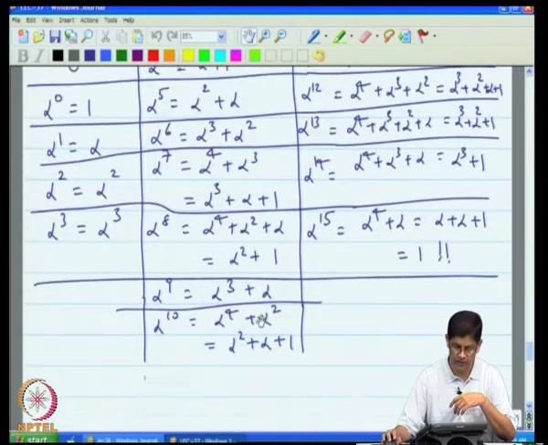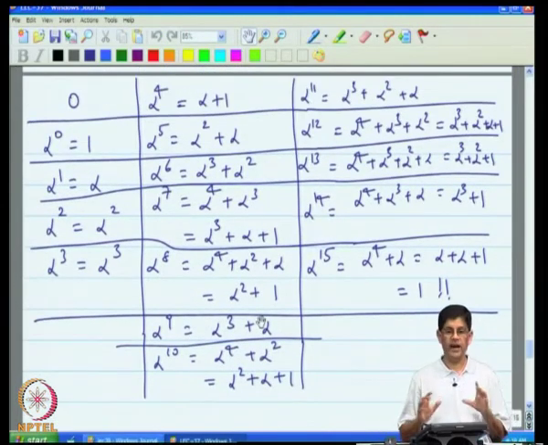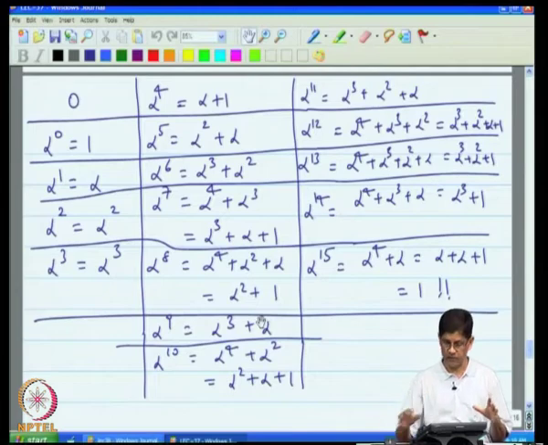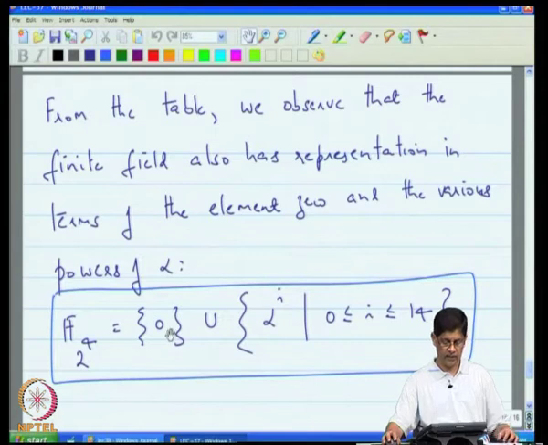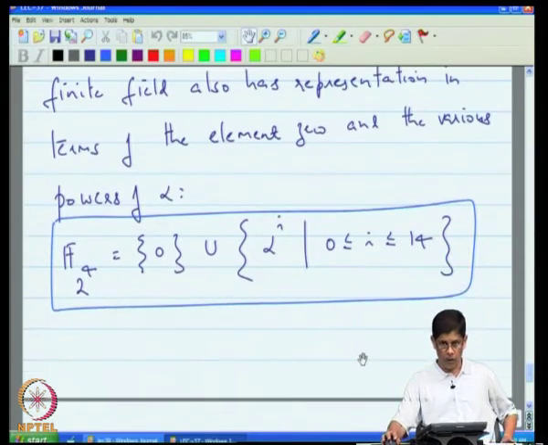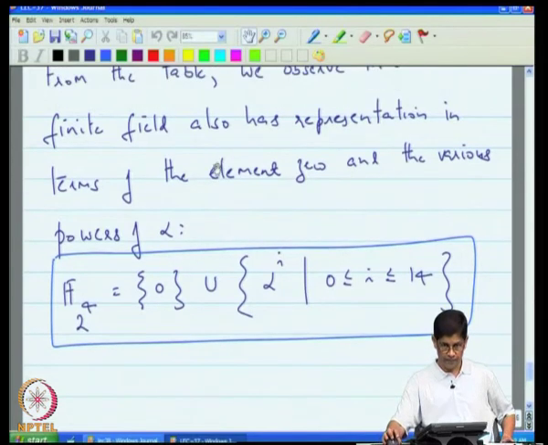And that is in agreement. For example, in our last lecture, we had a finite field of 16 elements. The finite field looked like this. It contained 0 and all the other elements were powers of some element alpha. So, this is the very simple picture of a finite field that we would like to deduce.